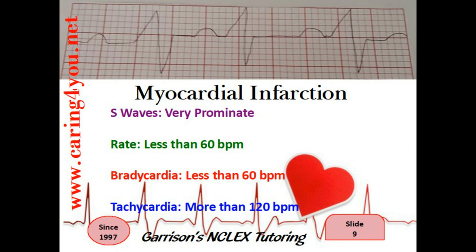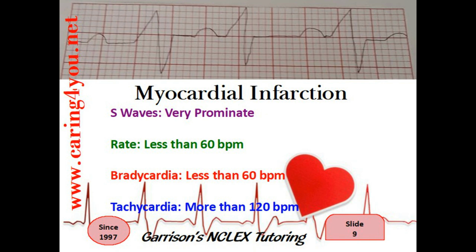All right, so in closing, just remember that in a myocardial infarction, the beat is less than 60, the S wave is very prominent. In sinus bradycardia, the beat is less than 60. And in tachycardia, the beat is more than 120. I didn't go through and show you the sinus bradycardia, the sinus tachycardia.